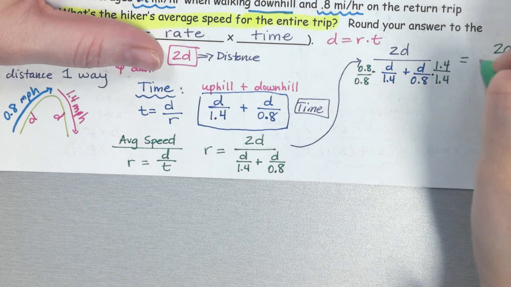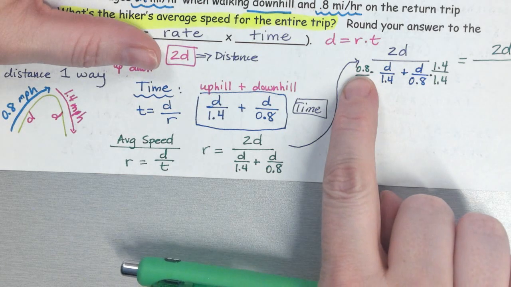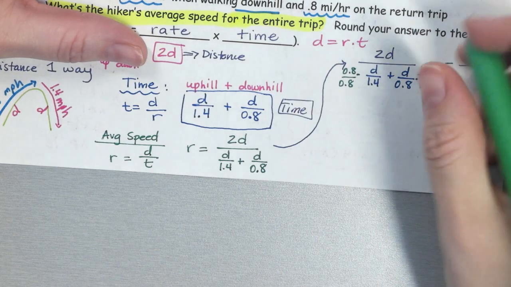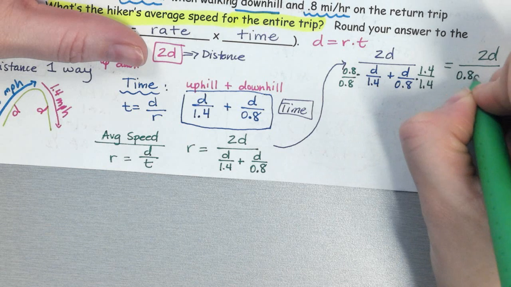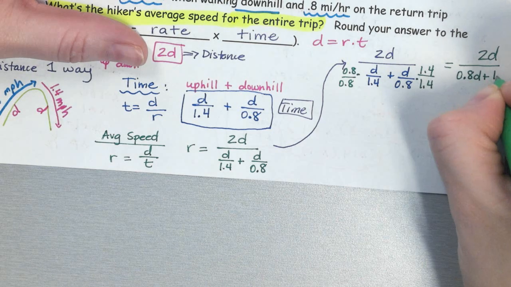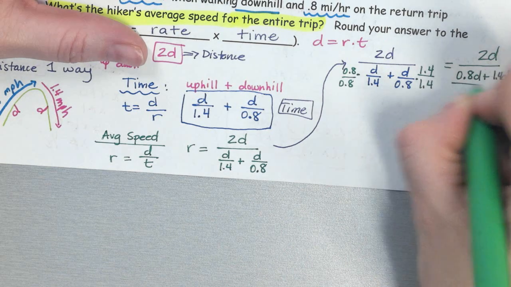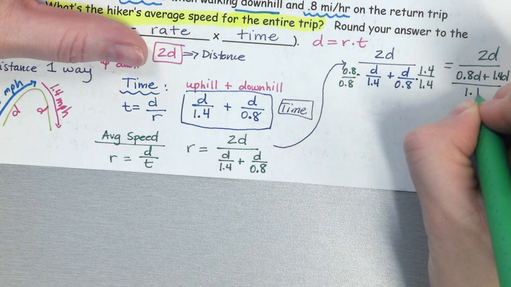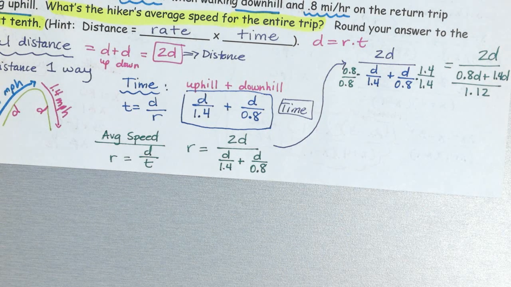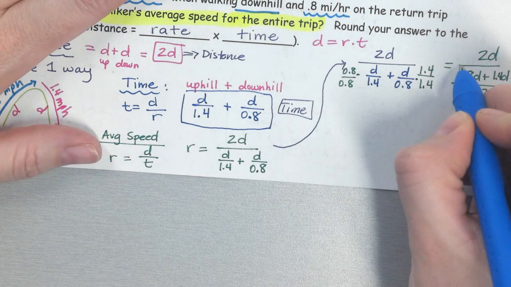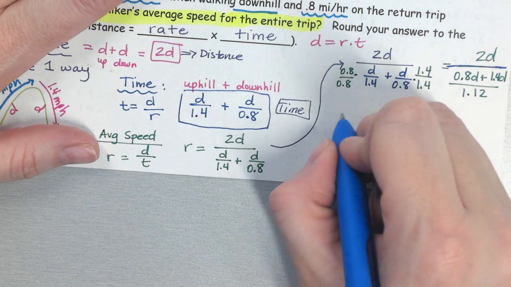All right, so you have 2d on top. If I multiply 0.8 times d, you just get 0.8d plus 1.4d. And then the denominator, when you multiply those, is 1.12. Remember, to solve this you just multiply by the reciprocal.